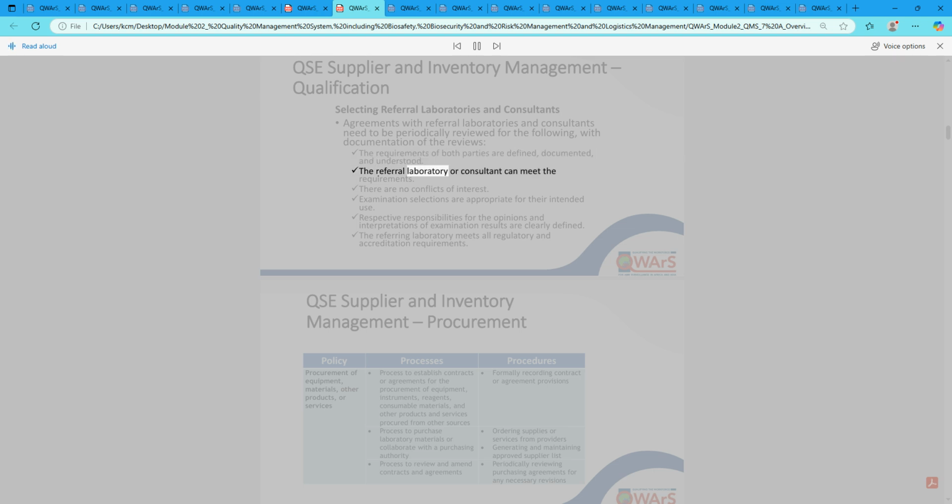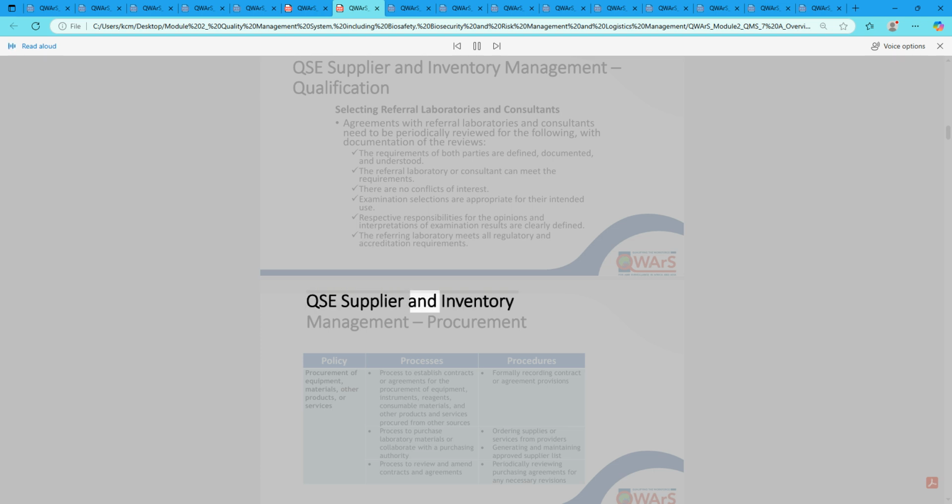The referral laboratory or consultant can meet the requirements. There are no conflicts of interest. Examination selections are appropriate for their intended use. Respective responsibilities for the opinions and interpretations of examination results are clearly defined. The referring laboratory meets all regulatory and accreditation requirements.